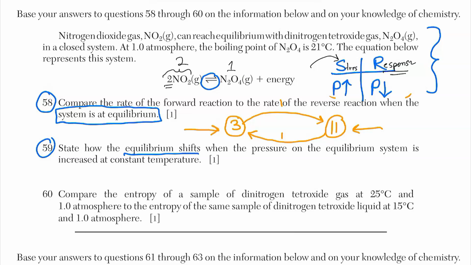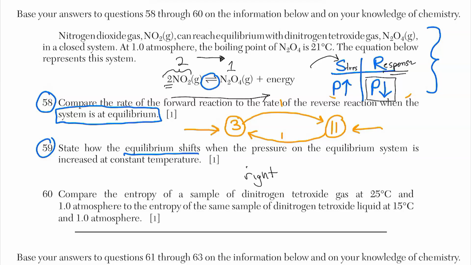So if the reaction wants to lower the pressure, doesn't it make sense it's going to shift to the side with fewer moles of gas? Of course it does, because particles of gas collide. They create the pressure. So this means that this reaction is going to respond by going faster in the forward direction to lower the total number of gas particles and then subsequently the pressure. So we would say shift to the right.